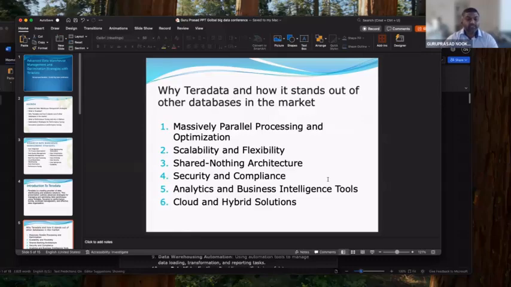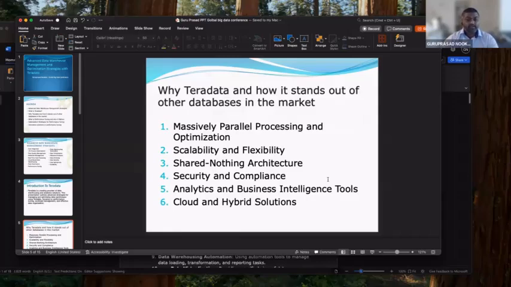This design allows for fault tolerance and better performance compared to shared architecture. With shared nothing architecture, we will not lose any data during processing if any one of the nodes goes down. That is called fault tolerance and better performance compared to the shared architecture.